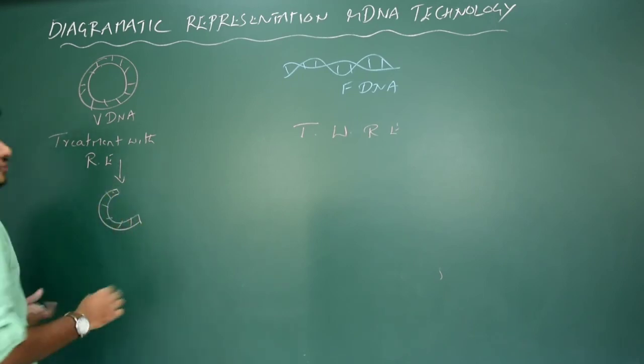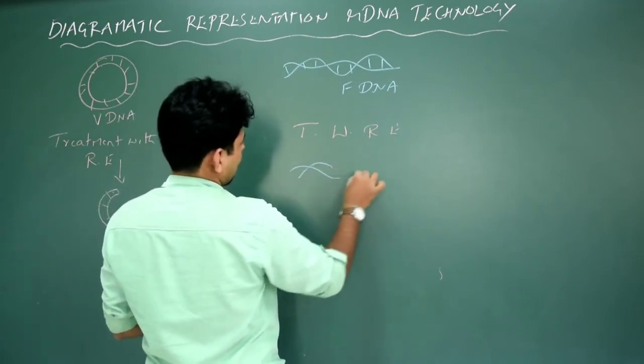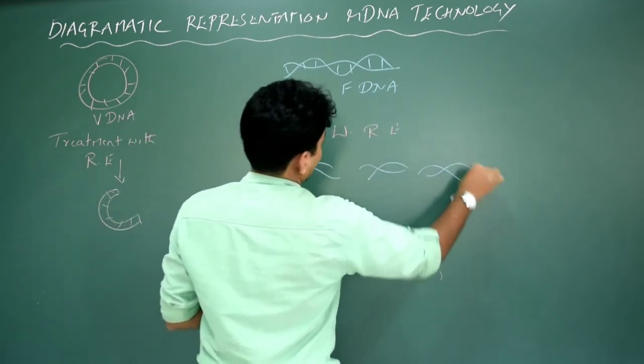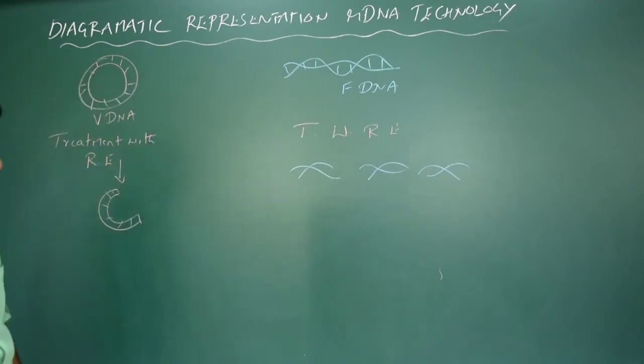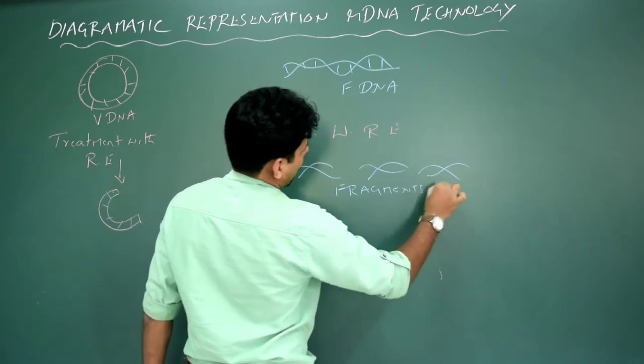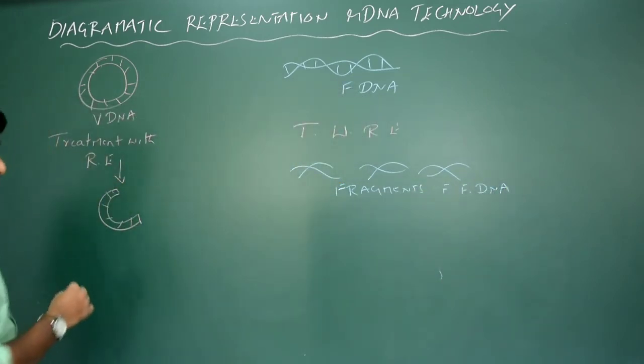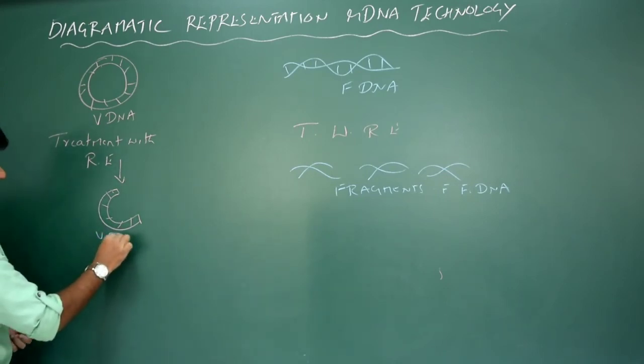Simple, very easy. Use common sense. In this case, you are going to get the fragments. Fragments will be available. So just write down fragments of foreign DNA. Here nothing. You just write the vector DNA.